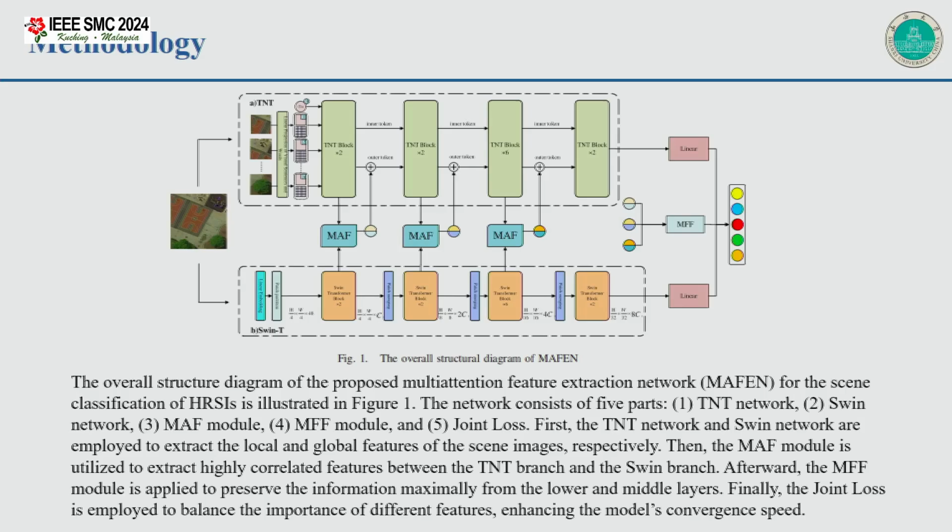Afterward, the MFF model is applied to preserve the information maximally from the lower and middle layers. Finally, the joint loss is employed to balance the importance of different features, enhancing the model's convergence speed.